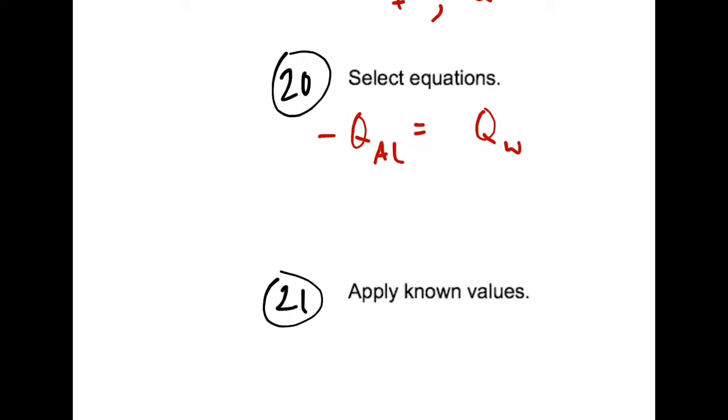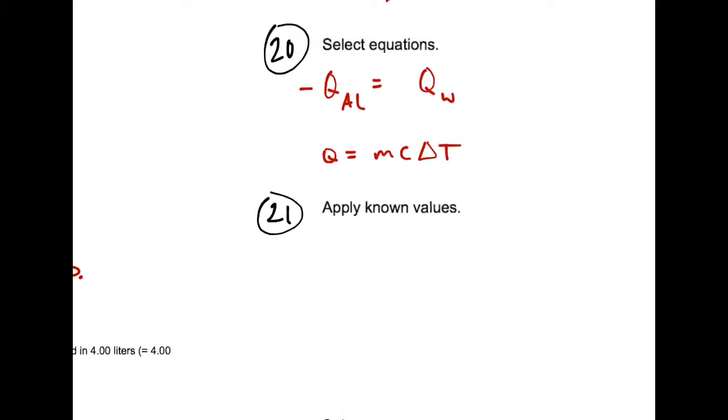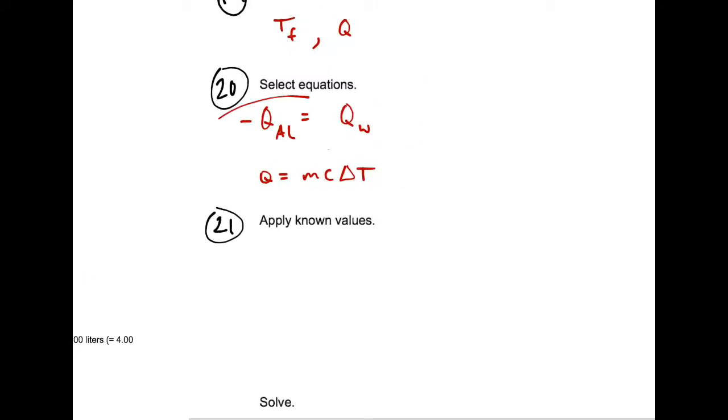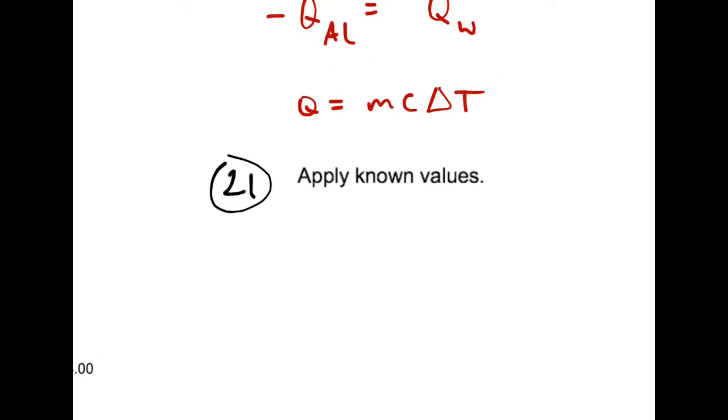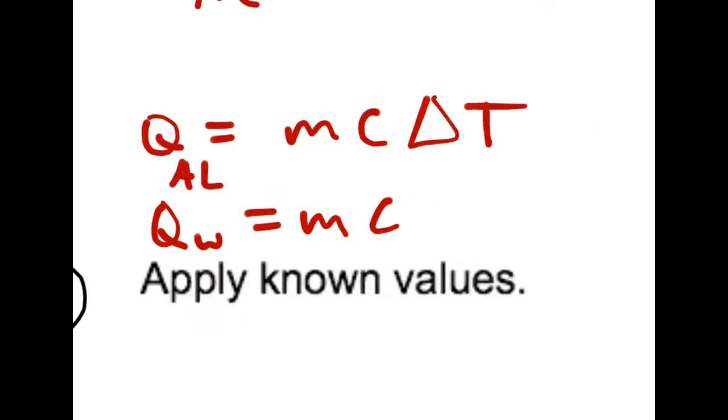That's one equation, and the other equation is the MCAT equation, Q equals m c delta T. I'm going to use the fact that they are the same, so I'll think about the equation for aluminum and the equation for water. It's the same equation, but we'll put in different values.